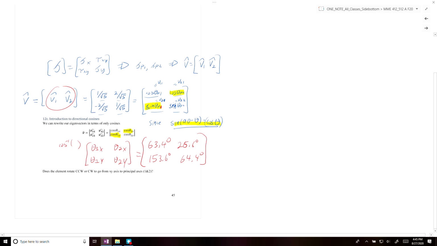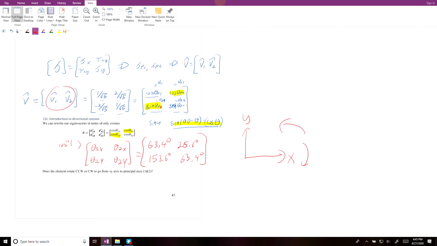The question we have here is, we originally had our xy coordinate system, and how do we rotate it? Do we rotate it clockwise or counterclockwise to get our new state of stress?